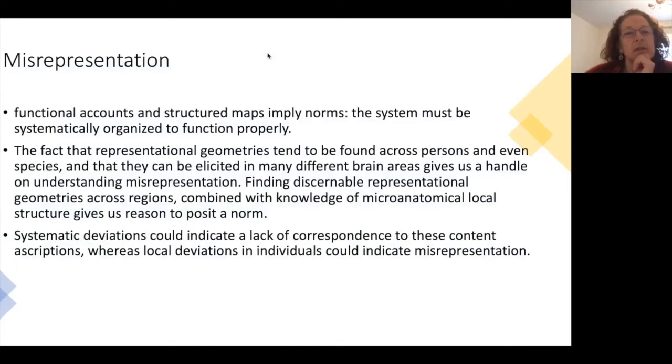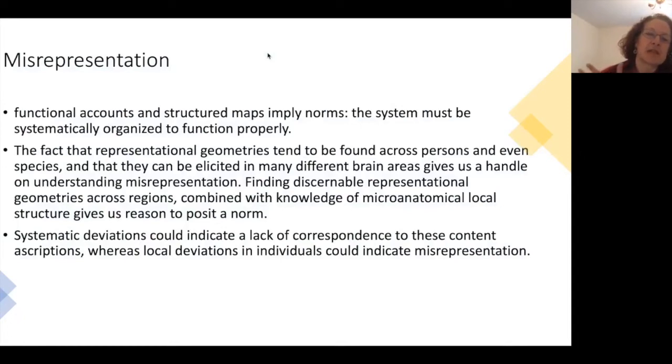I thought that I had a figure to illustrate that, but I don't. I think it might be coming up later. So I think we plausibly have both vehicle-content distinctions, and we also have indications of functional importance.